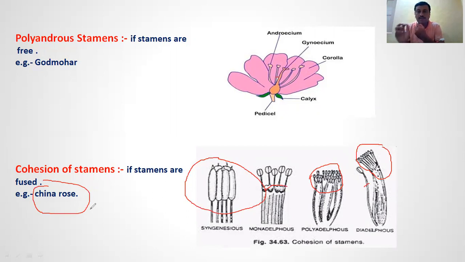So, polyandrous stamens are free and separate, and cohesion of the stamens means they are fused. Examples: polyandrous, gulmohar, in Marathi also known as gulmohar; cohesion, China rose or hibiscus, in Marathi jaswant. Okay, then next.